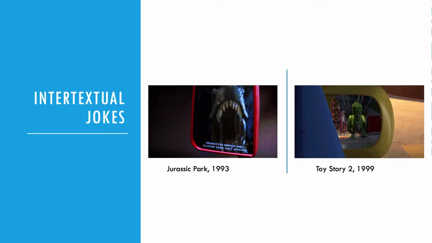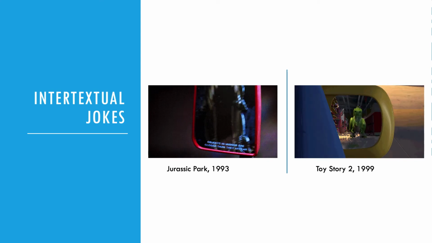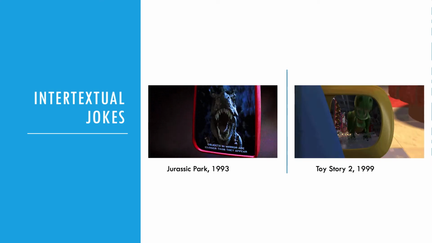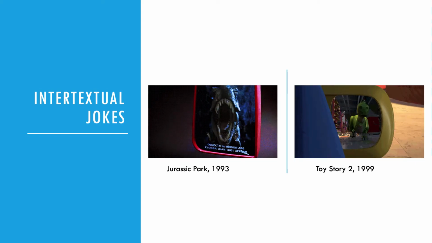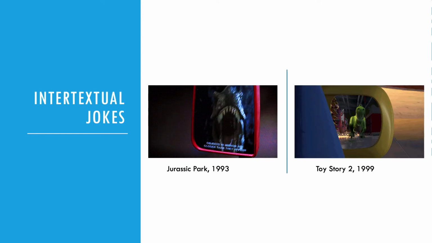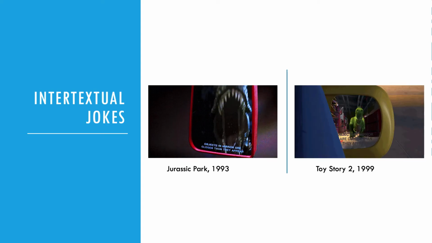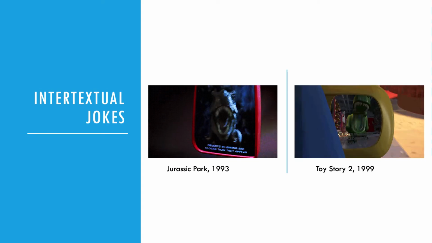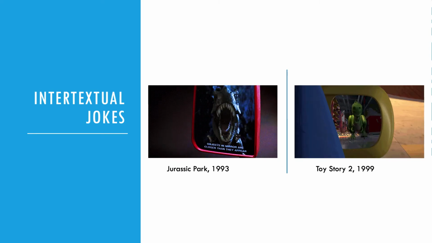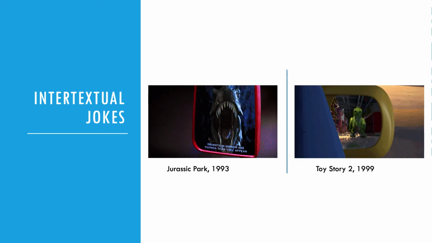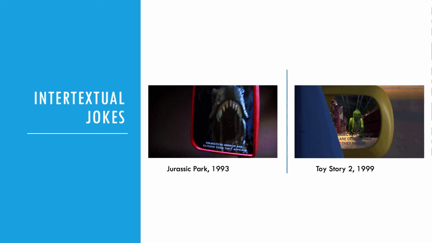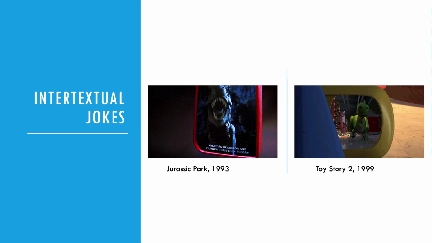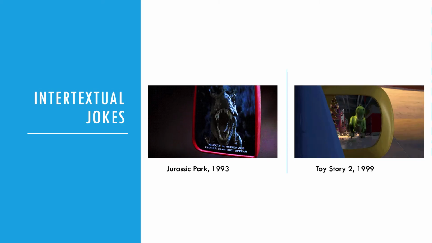Now, we don't have that on British cars, but on American cars, if you've ever driven in the States, you'll know that this is a common bit of text stamped on the mirrors: Objects in mirror are closer than they appear. And that iconic scene was copied perfectly by the Toy Story franchise of films.